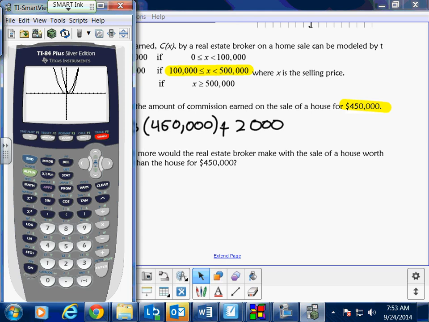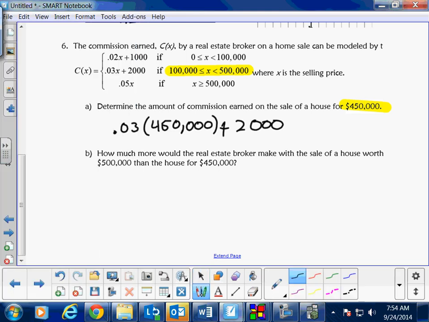So let's put in 0.03 times 450,000, and let's add 2,000. Okay, there it is. So the commission made is about 15,500. That's the commission made.